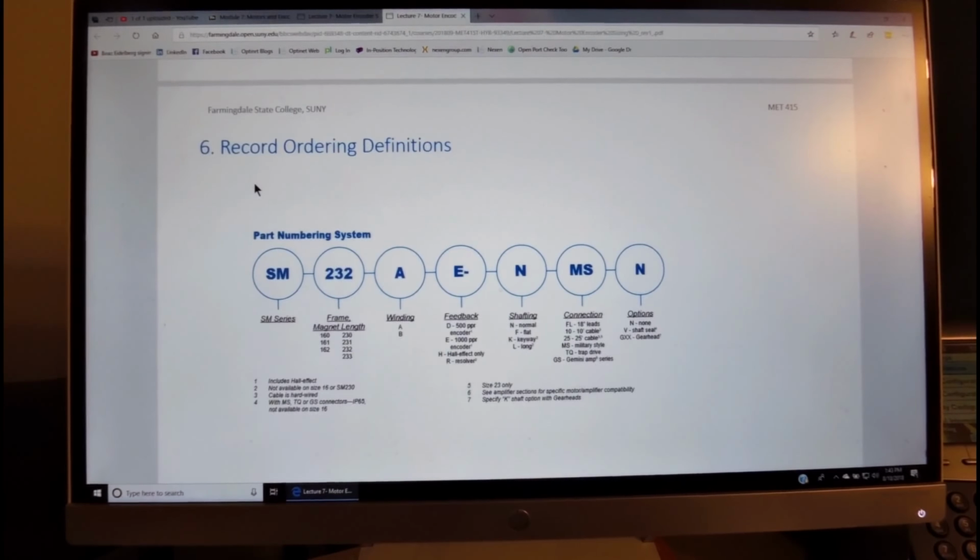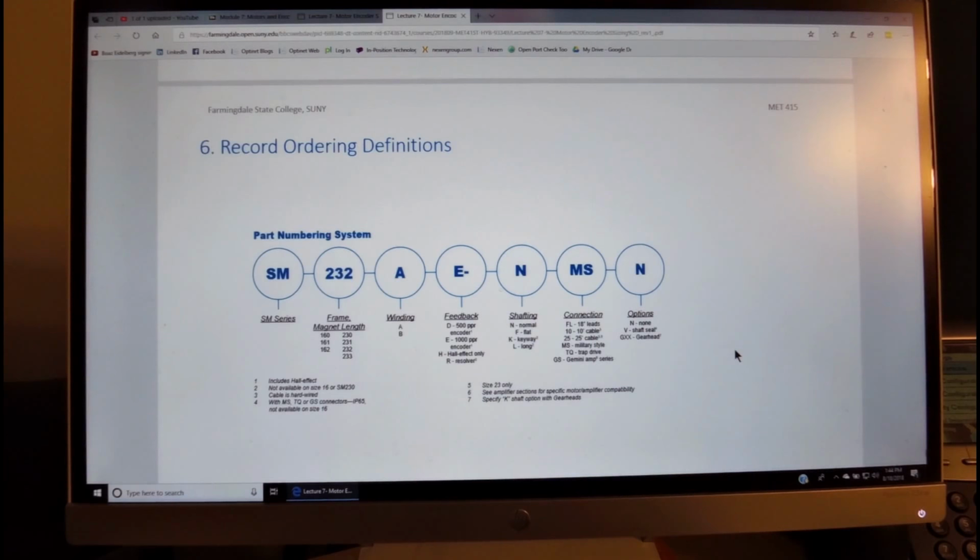And finally, when we want to order the part, we go to the part numbering system, and this allows us to choose from all the variables that we sized: the motor designation, the type definition, the winding, the feedback device, the shafting, mounting, whether it's flat or slotted, and also the cable length that we want to provide for the encoder and the motor, and also the type of gearbox, if that is what we choose to add to our configuration.